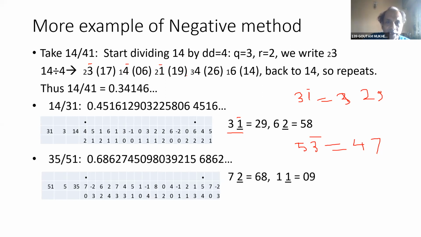I put it in a bracket to understand; I would not have written it. Then 19 divided by 4 is again 4, remainder 3. So 3 with a vinculum 4 is 26, and 26 divided by 4 is 6 and 2.